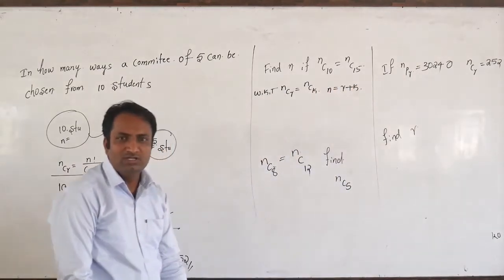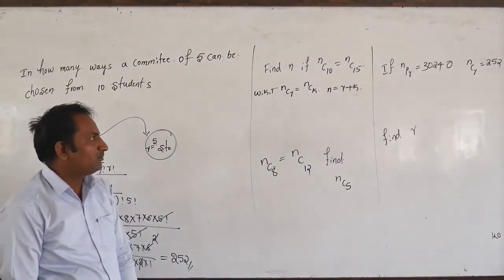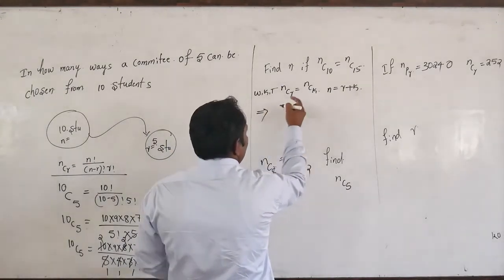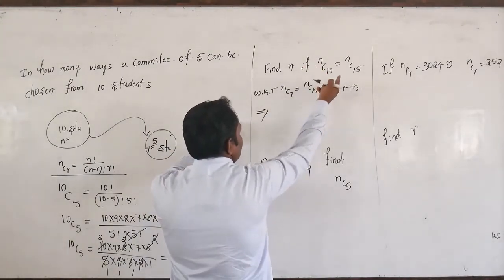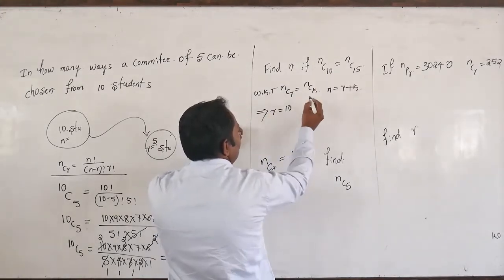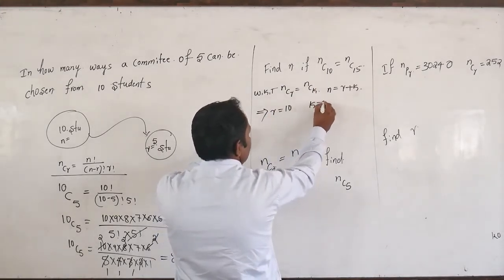Comparing with the given expression nC10 is equal to nC15, the r value is 10 and the k value is 15.